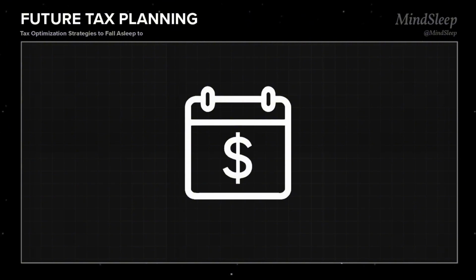However, with these technological advancements come new challenges. The digital economy has blurred traditional notions of physical presence and jurisdiction, leading to complex questions about where value is created and how it should be taxed.